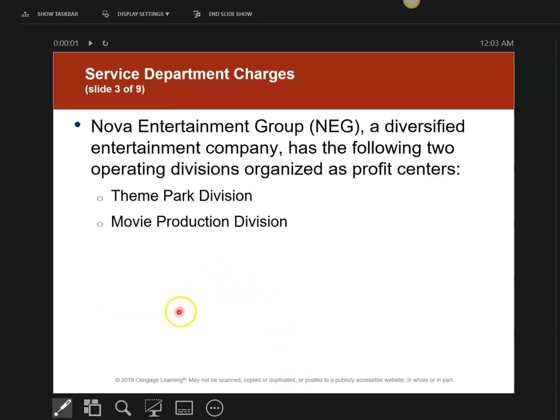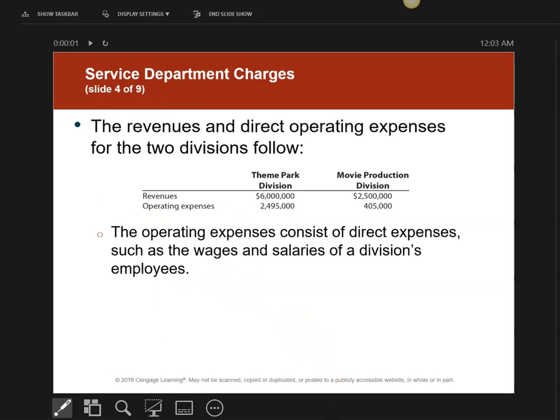We're going to be looking at a company called Nova Entertainment Group. We're an entertainment company with two operating divisions: a theme park division and a movie production division. Here are my revenues for each division and my operating expenses. The operating expenses are what we call direct expenses, such as wages and salaries, most of the employees.